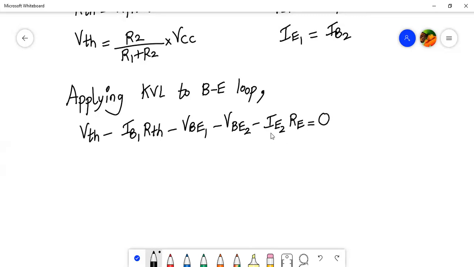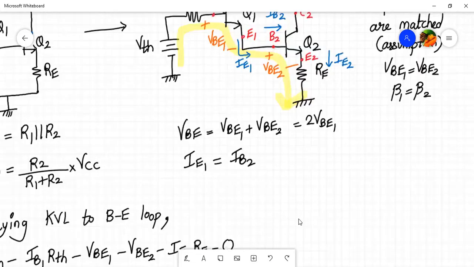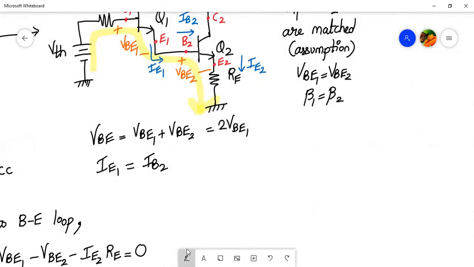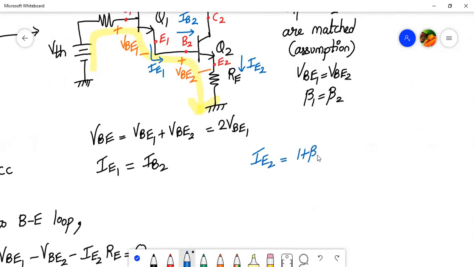Now I can write IE2 in terms of IB1. How? From this diagram, it's very simple to understand. IE2 I can write as 1 plus beta 2 times IB2.